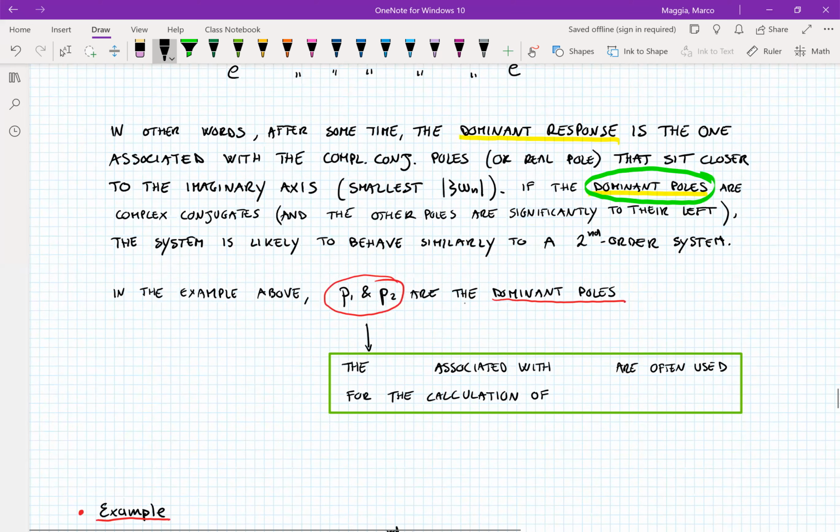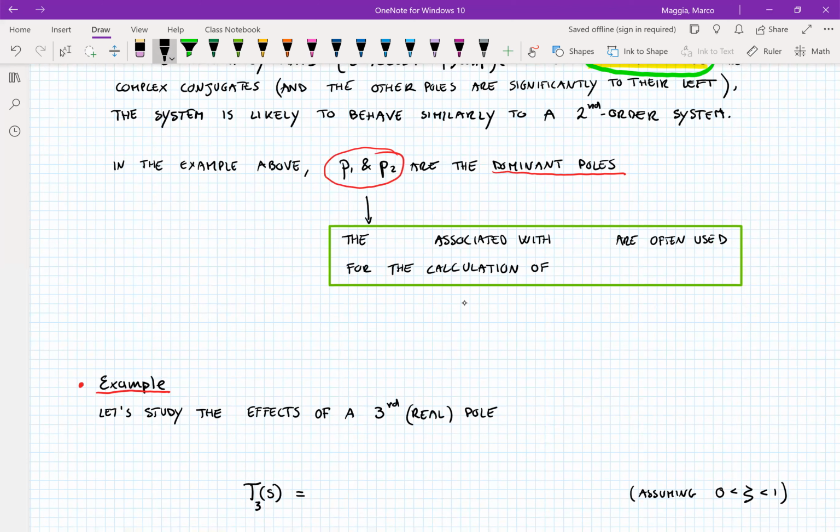So how do you do that? Well, P1 and P2, let me write it again. They're equal to -1 minus or plus 2i. And so what you can do is compute the natural frequency and the damping ratio associated with these two poles. How do you do that?